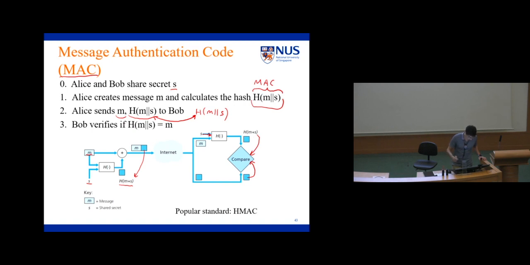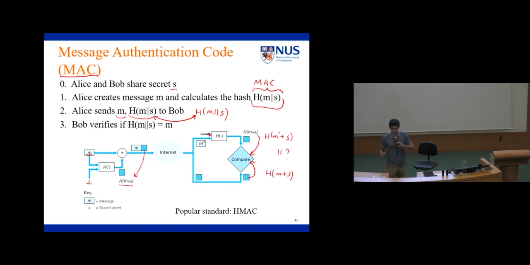Why is that? Well, because if someone changed this message, let's say Bob received M prime instead of M, that's some other message, then he will compute H of M prime plus S, right? And he will see if that is equal to H of M plus S. Right? He will see if these two are equal. And that modification can be very small.